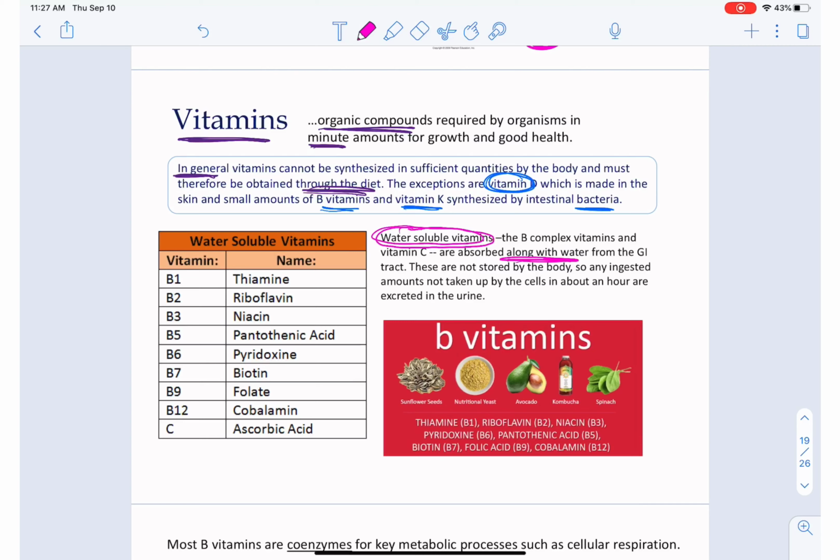So water has to be present. And one of the things that this means is that water-soluble vitamins cannot be stored by the body. Okay, we can't store water-soluble vitamins. So any water-soluble vitamins we ingest have to be taken up by the cells in about an hour to be used, or otherwise they're going to be excreted in the urine.